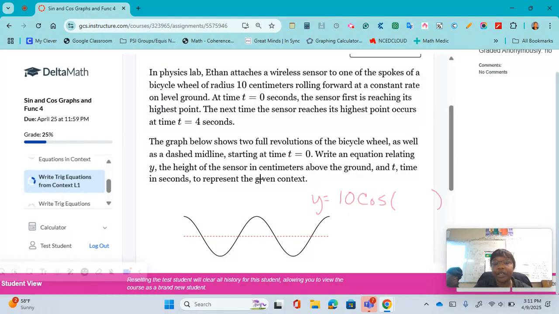The period is from the first highest point to the next highest point, a distance of 4. We're going to put that 4 under 2 pi, and that simplifies to pi over 2. We bring the x. There's no shifting. We need the midline, which will be plus 10, which is the radius.